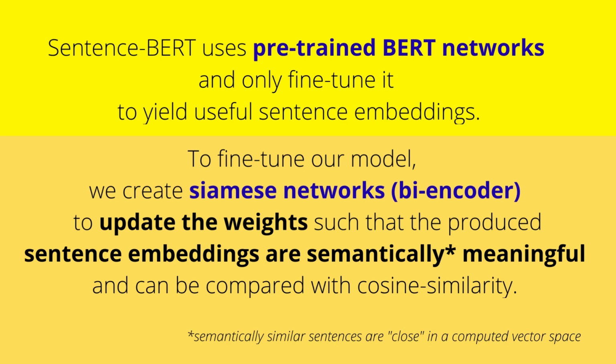And then to fine-tune our SBERT model, we create a Siamese network, or sometimes also called a Bi-Encoder network, because we have two encoders stacked, to update the weights such that the produced sentence embeddings, and this is what SBERT outputs, sentence embeddings, this is so important to remember, are semantically meaningful and can be compared mathematically with a cosine similarity function.